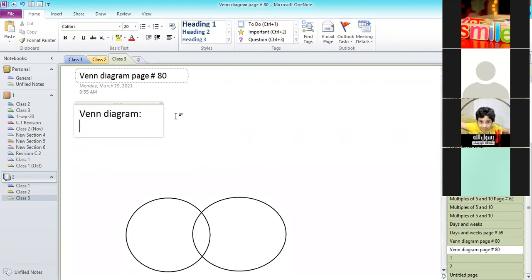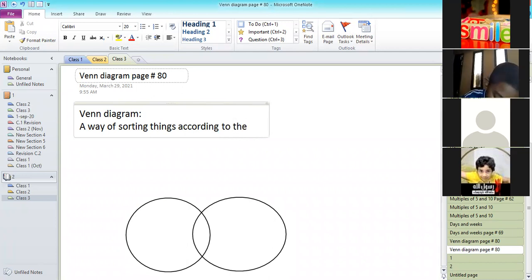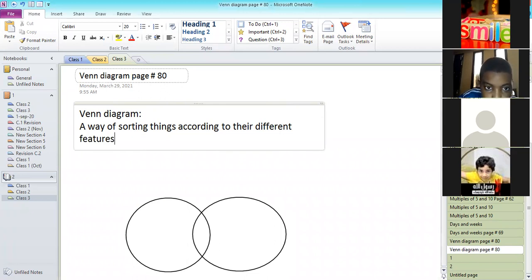I told you, a way of sorting things according to their different features.